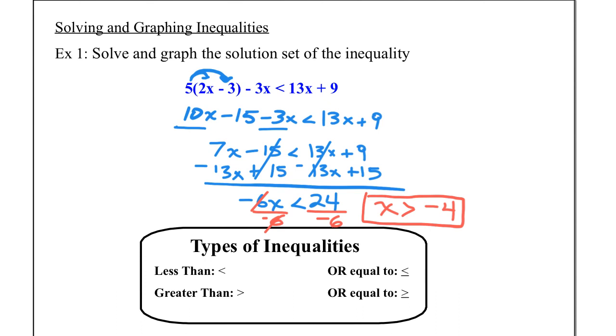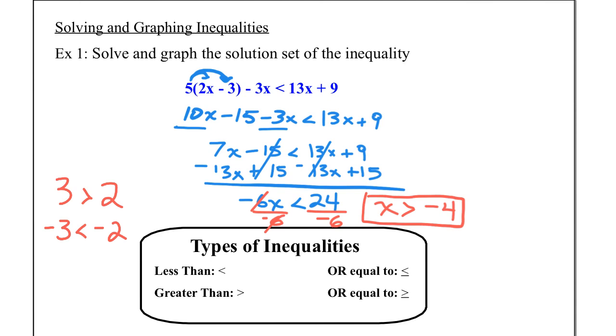If you really want to be concerned about why we do that, you could break it down very simply with just numbers. We all agree that 3 is greater than 2, correct? But the second I introduce negatives to this, this is no longer true. If I were to keep it the same. For me to maintain the validity of that, I'm changing the direction of the sign. That's a very simple explanation, but it makes a lot of sense.